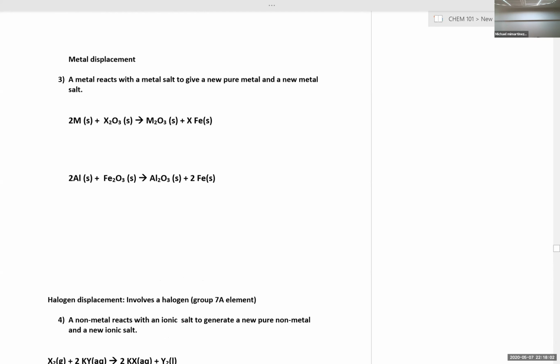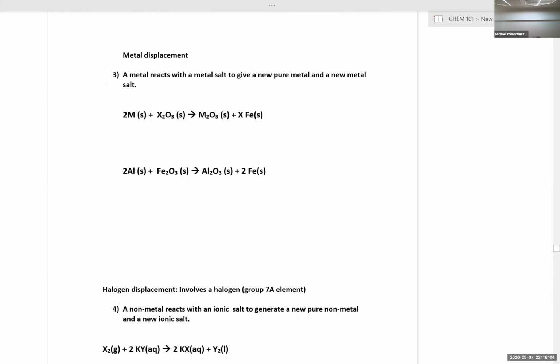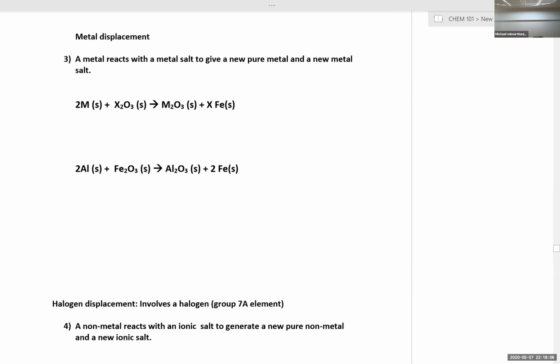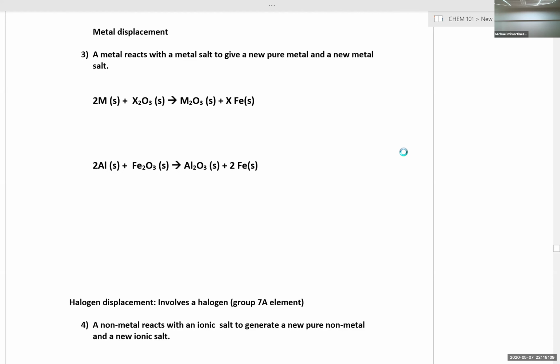Okay, so the next major type of displacement reaction is the metal displacement reaction. So in the metal displacement, a metal will react with a metal salt to yield a new pure metal and a new metal salt.